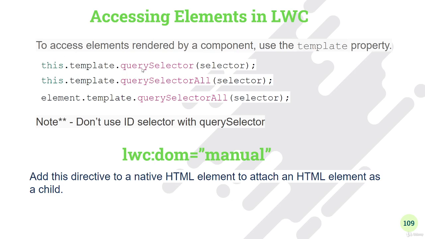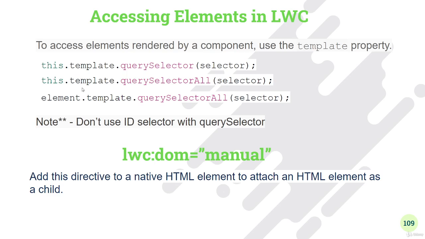Then we use query selector when you want to access only a single element. If there are many elements, suppose your selector is the tag name like h1, and you are querying using the query selector and there are multiple h1s, it will pick up the first one from top to bottom.